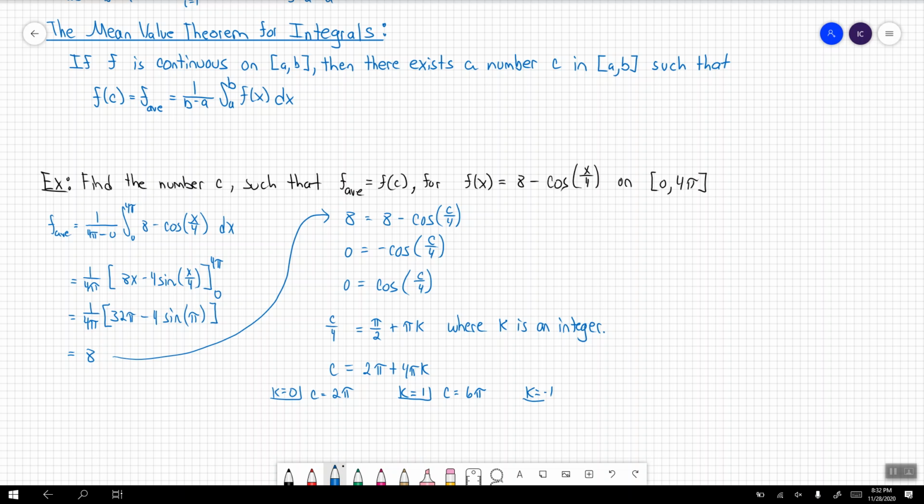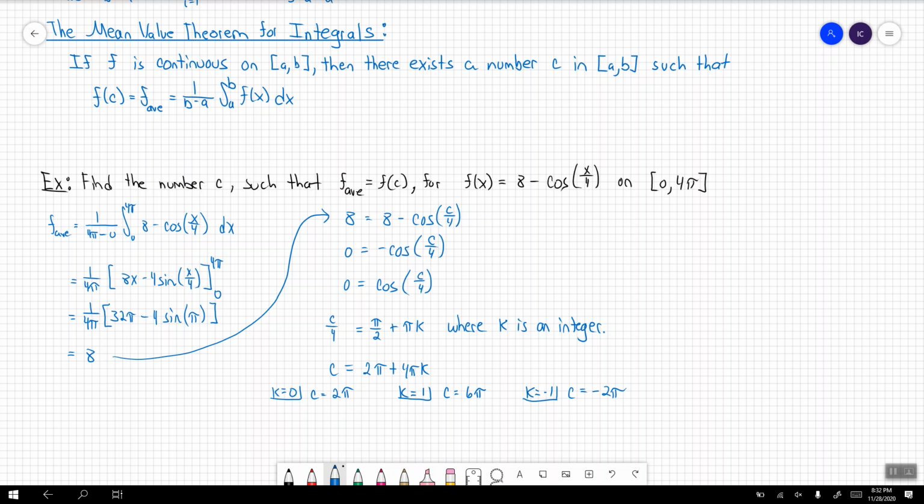Well, let's just double check, just for good measure, k is equal to negative 1. So if k is equal to negative 1, this is going to be 2 pi minus 4 pi, which will be negative 2 pi, which again is not in our interval. Therefore, the only value in our interval is when k is equal to 0, in other words, when c is equal to 2 pi.